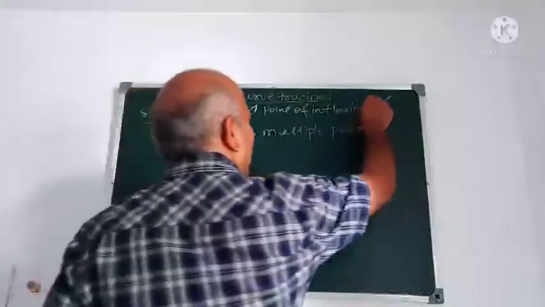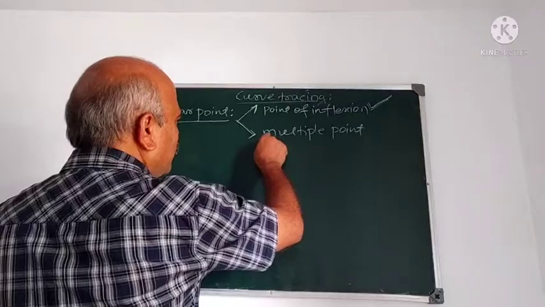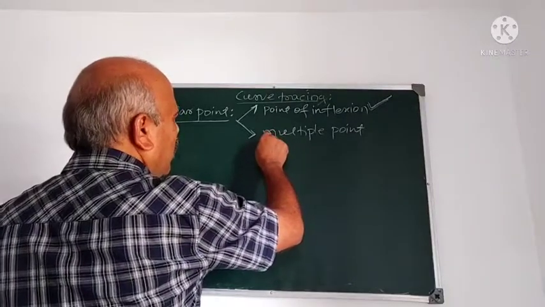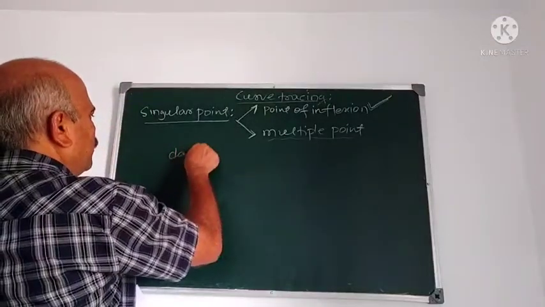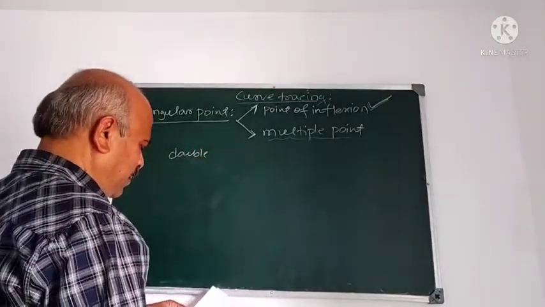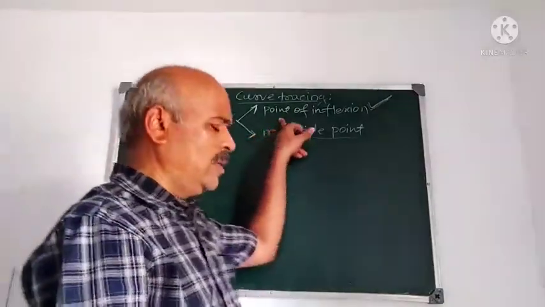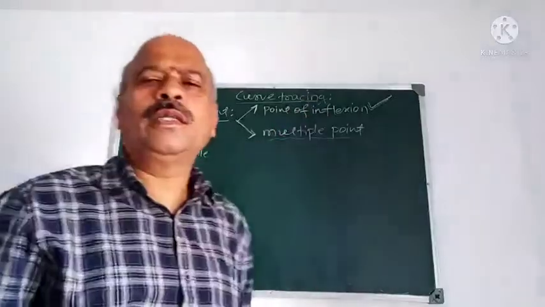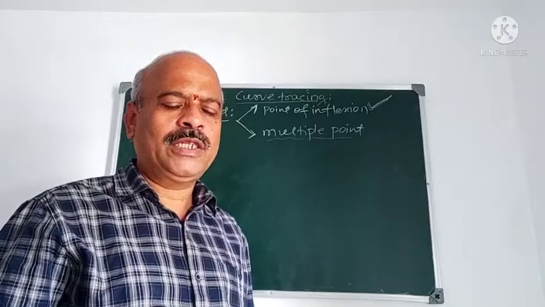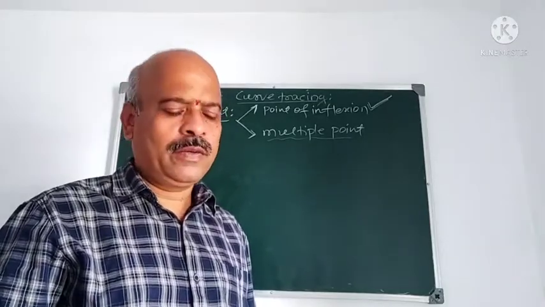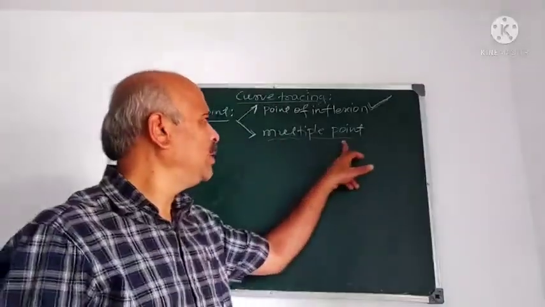That is first one. Second is multiple points. Multiple points means double points. We know what is point of inflection. Point of inflection means the point where the curve changes from concavity to convexity or vice versa.